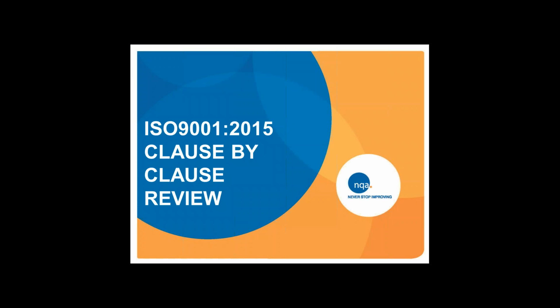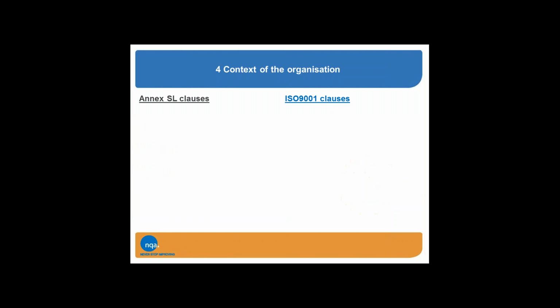So I'm going to do a clause-by-clause review of the 9001 changes. This is not going to be very detailed. You'll be relieved to know you can read the standard, but I'll try and highlight some of the important things to note.